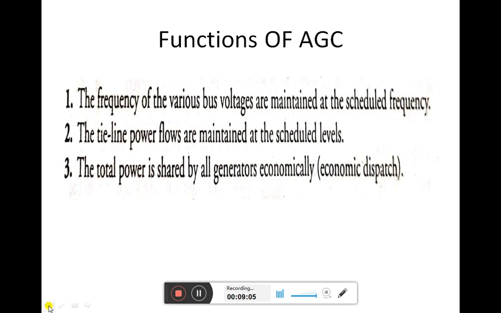So the main requirement of the AGC is to ensure, first, that the frequency and various bus voltages are maintained at the scheduled frequency.